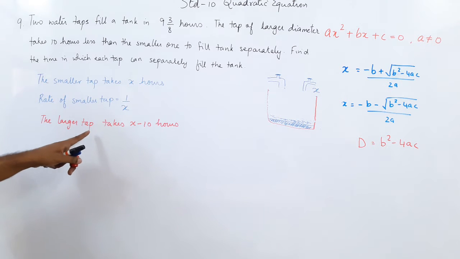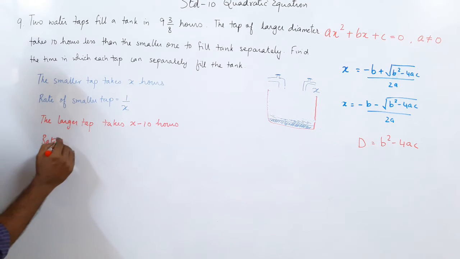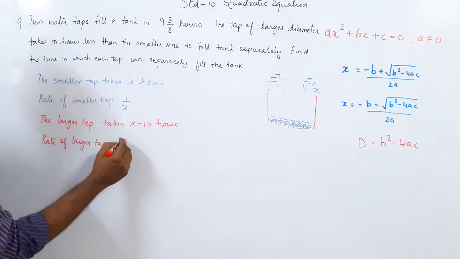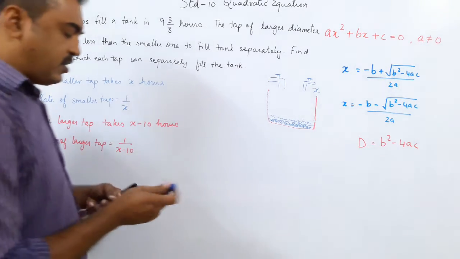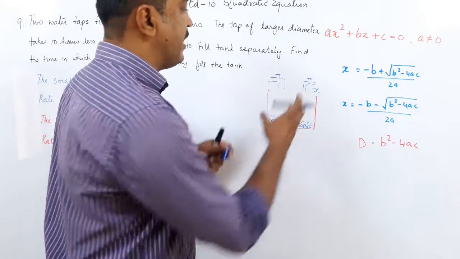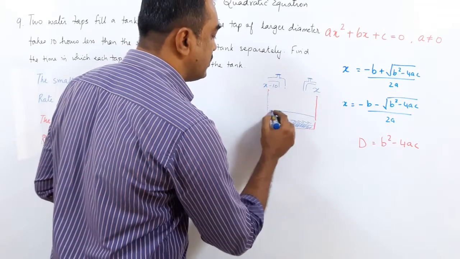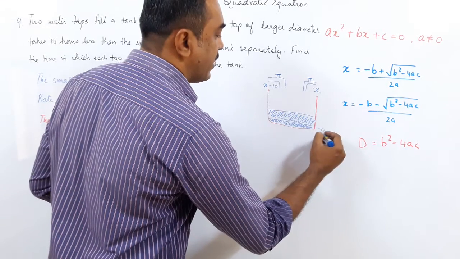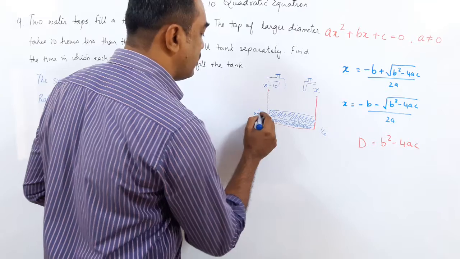So the rate of the larger tap will be 1 upon x minus 10. So in 1 hour it will fill 1 upon x minus 10 of the tank. So this tap has filled 1 by x of the tank and this tap has filled 1 upon x minus 10 of the tank.